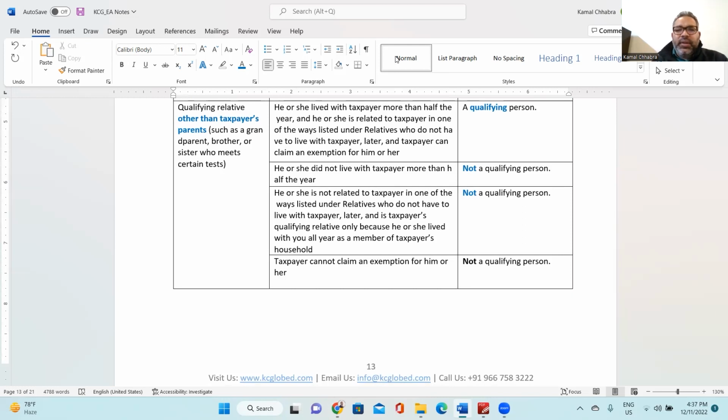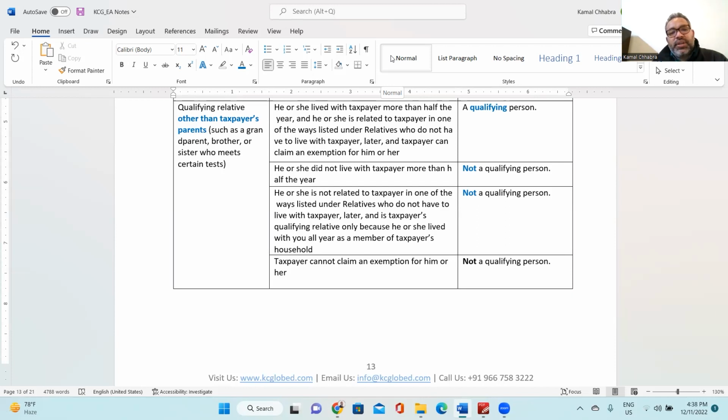If he or she lived with the taxpayer for more than half of the year, and he or she is related to the taxpayer in one of the ways listed under the relative definition, who do not have to live with the taxpayer later, and the taxpayer can claim an exemption for him or her, then that person would be considered a qualifying dependent. Second, if he or she did not live with the taxpayer for more than half of the year, then you cannot consider them a qualifying person.